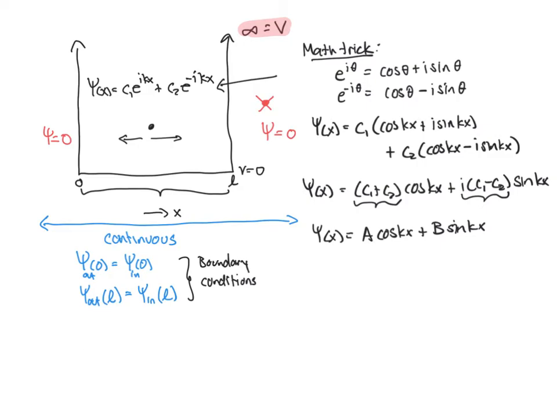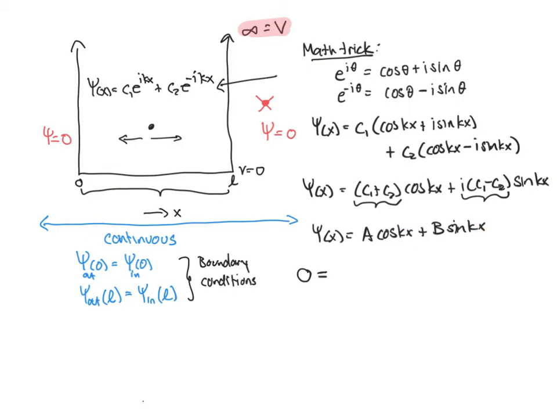And now what I need to do is make sure that these boundary conditions are met. So let's start with the one at 0 and write what we know. Outside the box at 0, or anywhere outside the box, the wave function is equal to 0. And so 0 has to equal this function inside the box when x is 0.